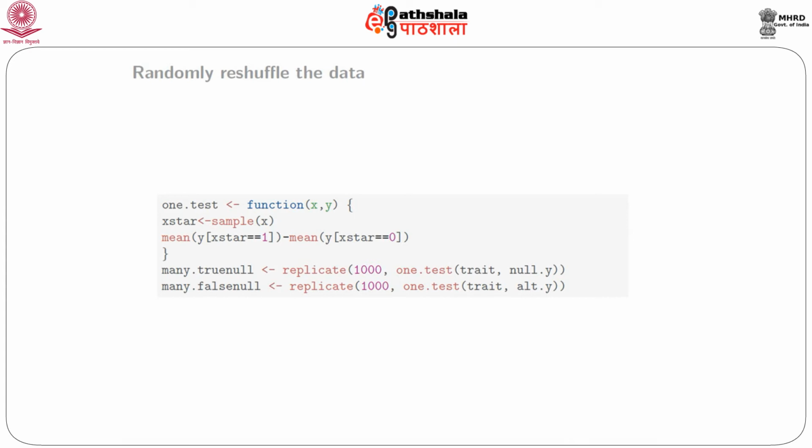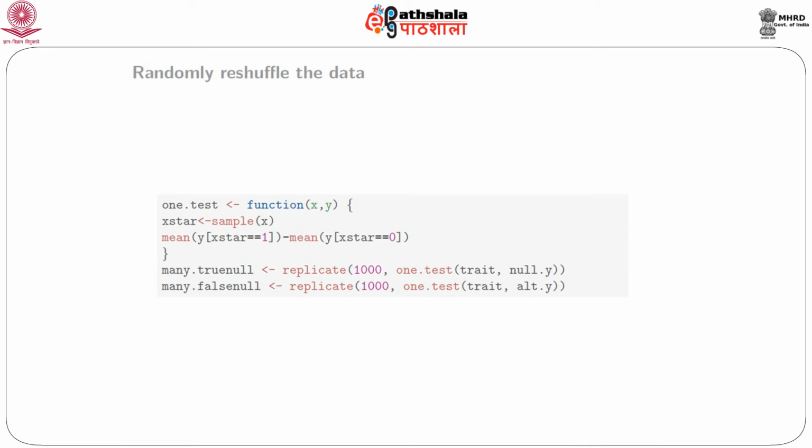That means it would reshuffle the data, and for each of the reshuffled data it would compute the null dot difference, or the mean difference between the two trait groups when the null is true. Similarly, we can use many dot false null, which is the same, but this time null dot y is replaced by alt dot y. So, that is the difference of the two traits, that is trait equal to 0 and trait equal to 1 under the alternative hypothesis.